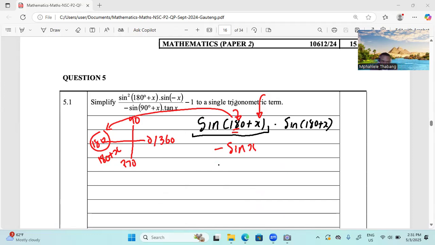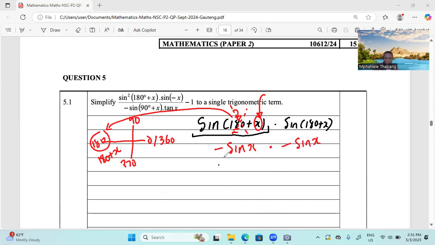This 180 disappears. Boom. Our angle of focus is x. So we are left with negative sine x. Guys, when you are dealing with reduction formula, it's very, very important to decide the sign of your trig ratio, whether it is positive or negative. So sine(180 plus x) is going to be negative sine x.